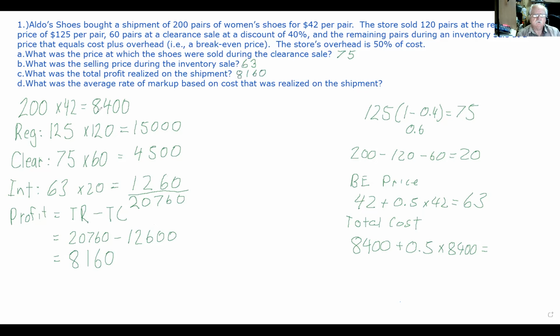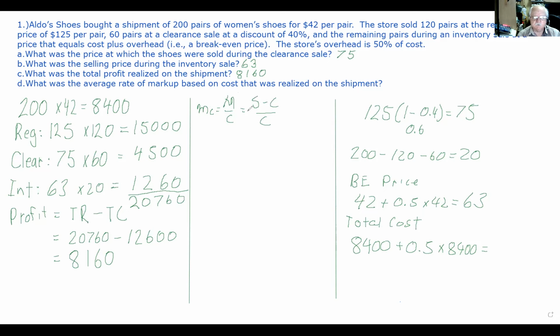8,160. So now they say, what was the average rate of markup based on cost that was realized on the shipment? And here's where we have to stretch the concept of rate of markup a little. What we know about rate of markup is markup based on cost equals markup divided by cost, which is S minus C over C, right?